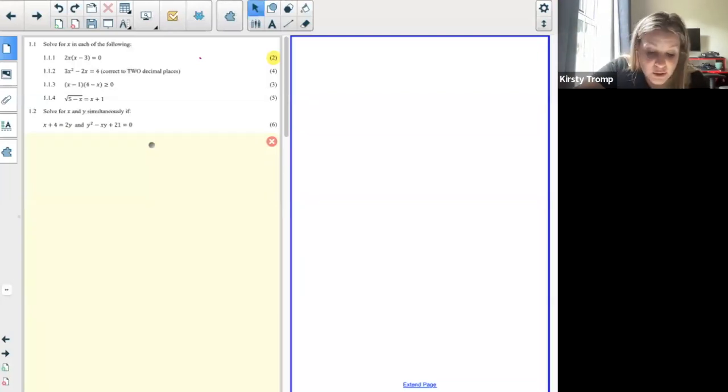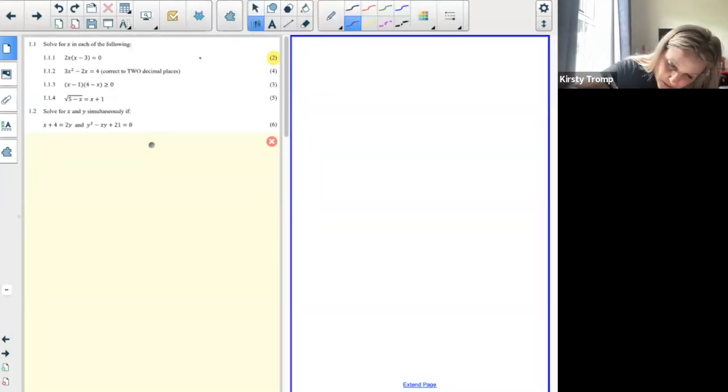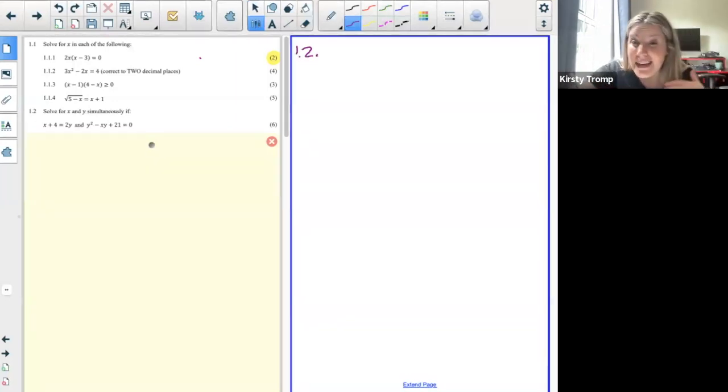All right, so let's go have a look at this next question. I'm going to draw it nicely on this next screen for you. So I've got question 1.2. You'll notice, or I'm hoping you're noticing, that I am numbering my questions as they're numbered in the question paper. Another really good exam tip for you guys. Make sure that you are numbering your questions as they're numbered in the paper.